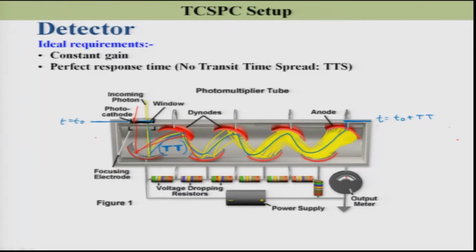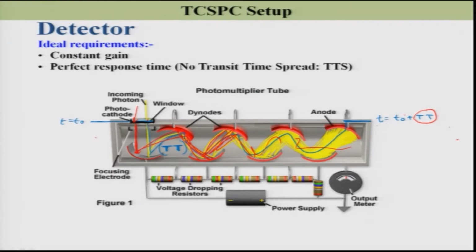You can immediately figure out from this diagram that the path travelled for this red one and the path travelled for this yellow one may be different, may be the same, but in most cases it will be different. That means this Tt is not a constant value.